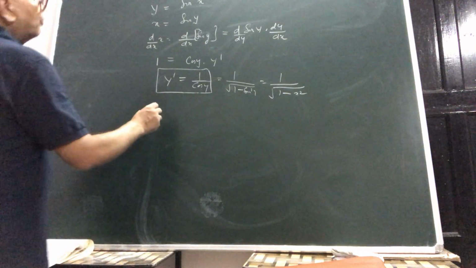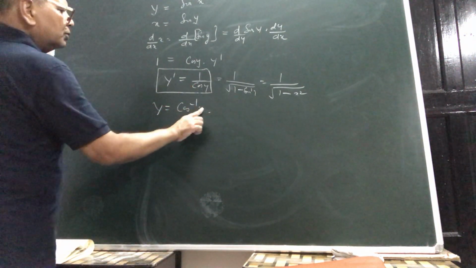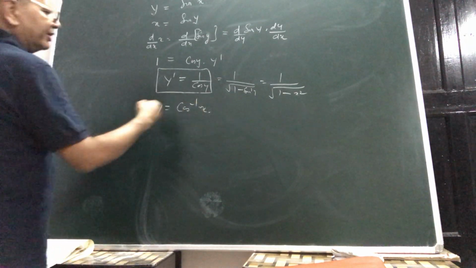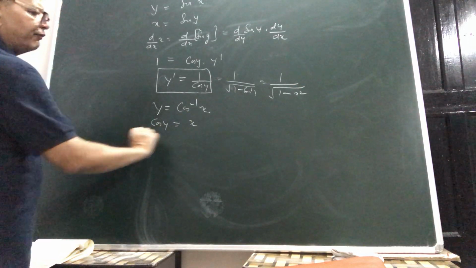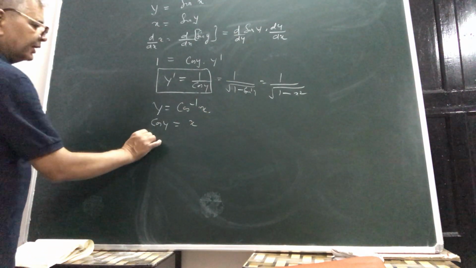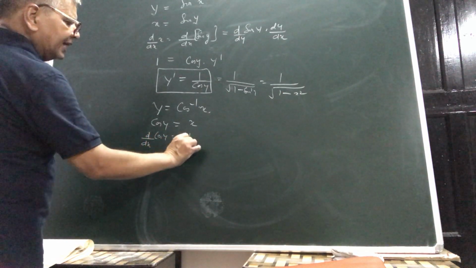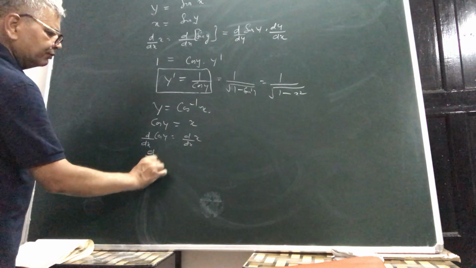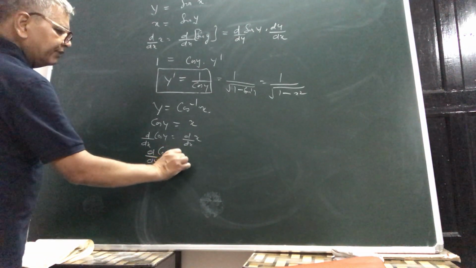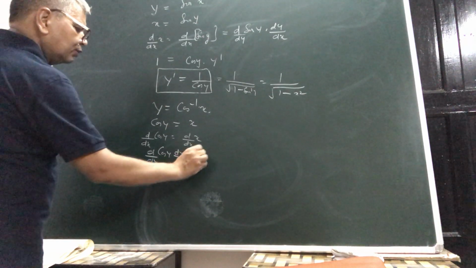Just see, suppose y is equal to cos inverse x, and its derivative has to be found. Then what you will write? Cos y is equal to x. Differentiate this with respect to x. So d upon dx of cos y is equal to d by dx of x. So d upon dy of cos y into dy by dx is equal to 1.